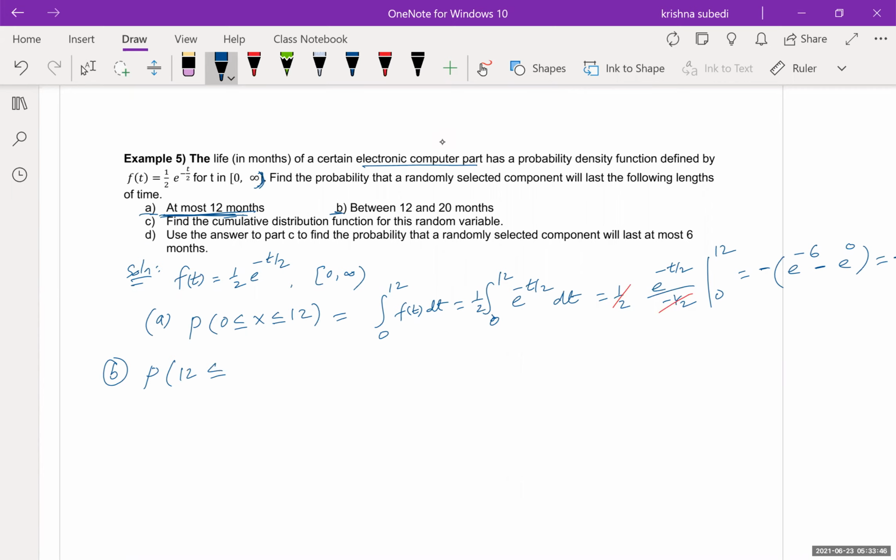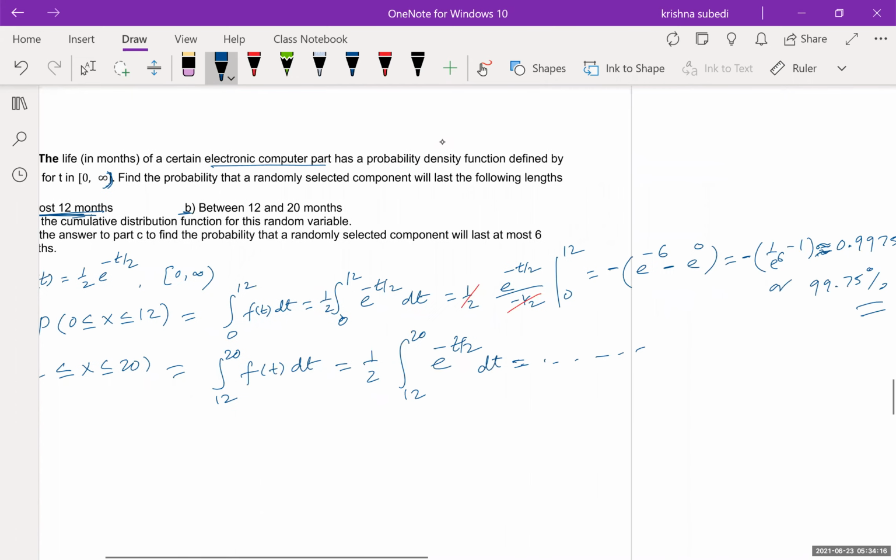So you just find the integral between 12 and 20 of f of t dt, which is one half, 12 to 20, e raised to the power negative t over 2 dt, and then I leave it to you guys. Take a few minutes and let me know what the answer is. Complete it just for fun.